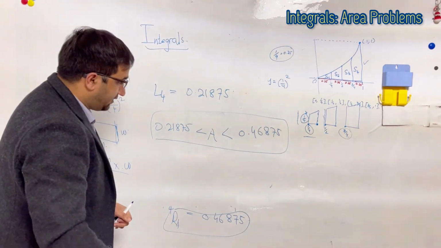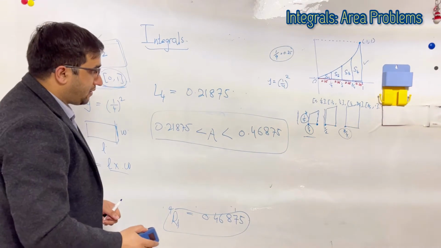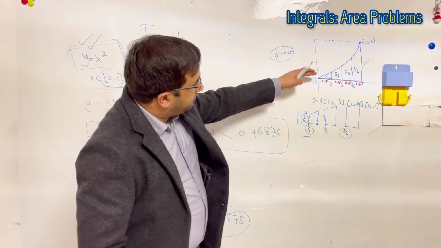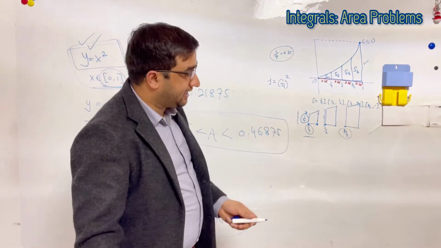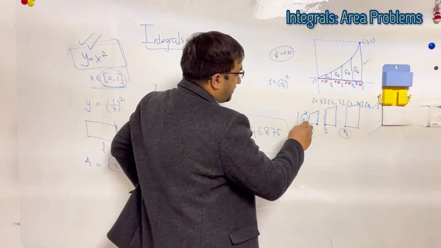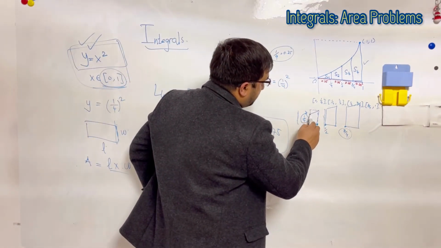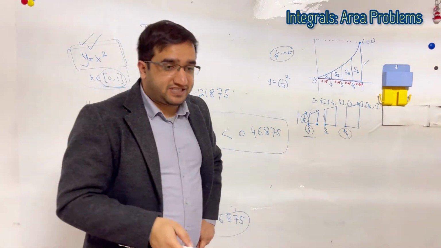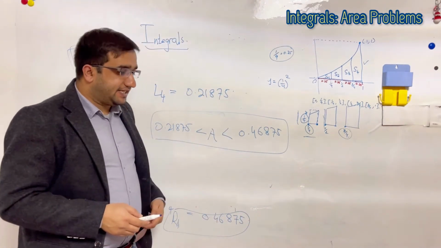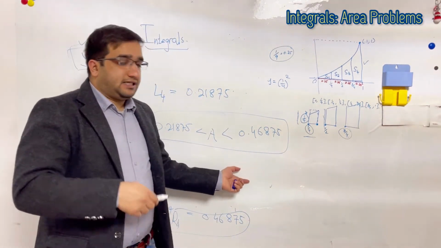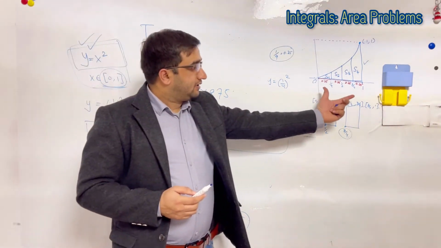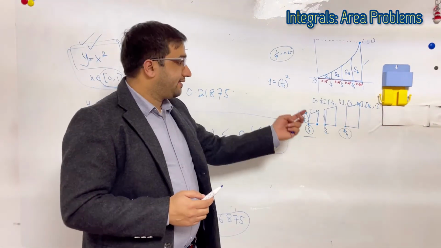Now we cannot get the exact number, because you are always assuming something here, which is a margin of error. But you can always get efficiency. The smaller we divide, the less error it has.